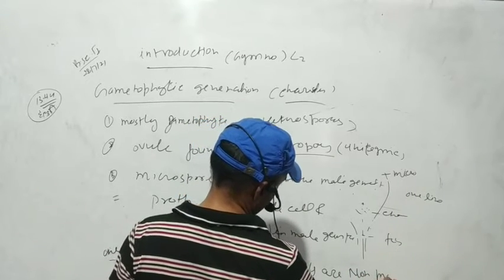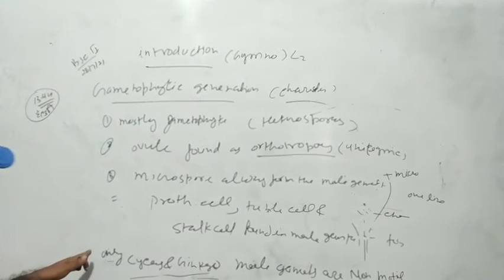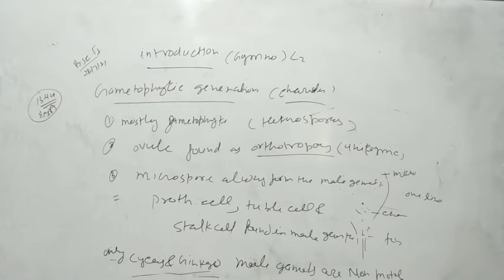This is the most important thing: Cycas and Ginkgo male gametes are always motile, and already I told you about pollination.